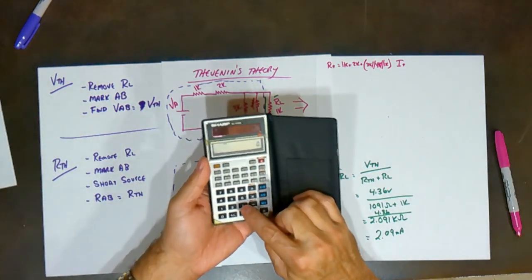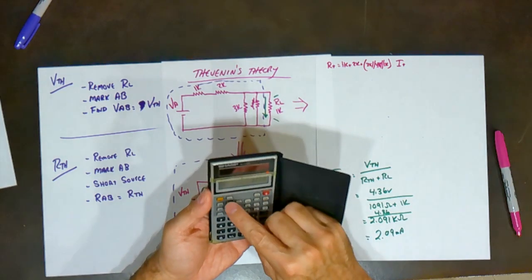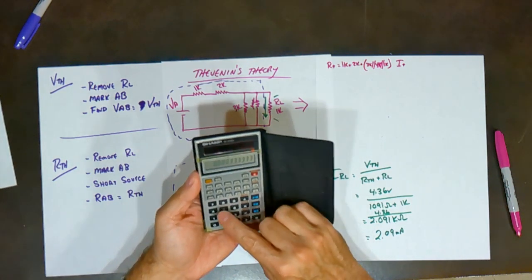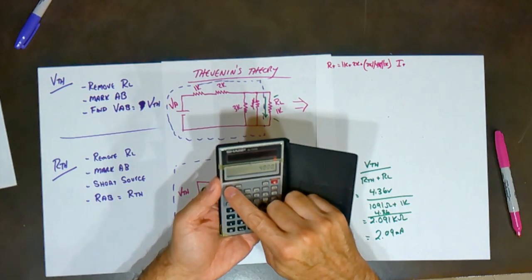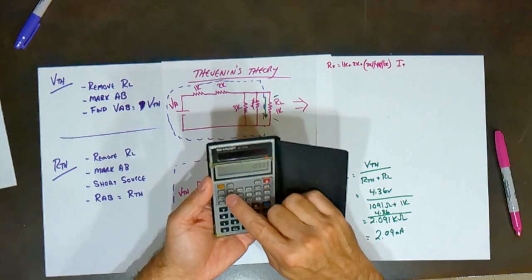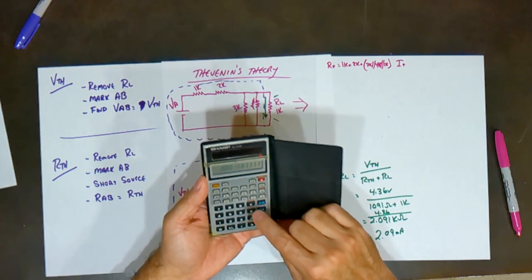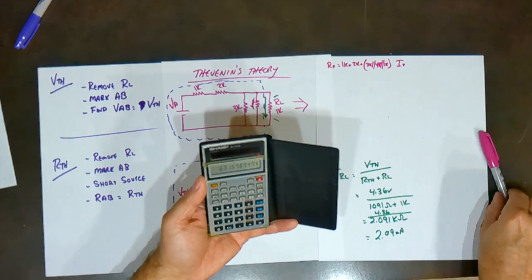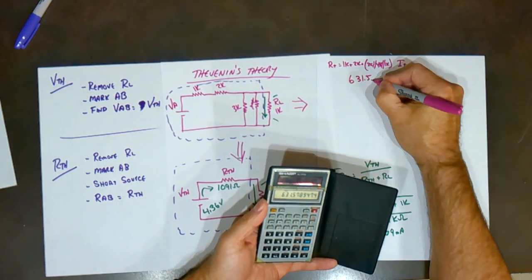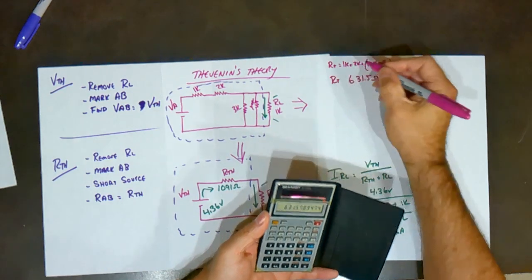So we got 3K in parallel with 4K in parallel with 1K is 631.5 ohms, our total.